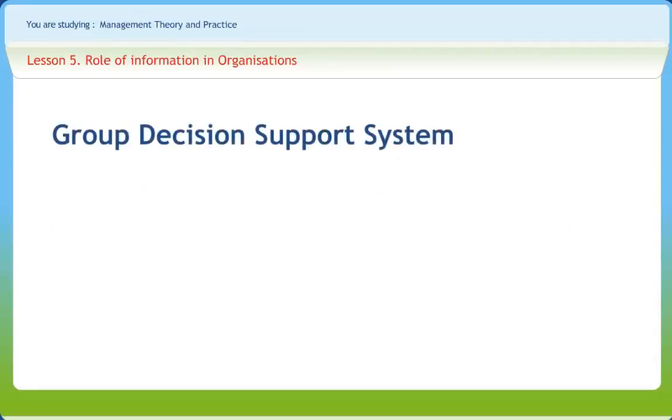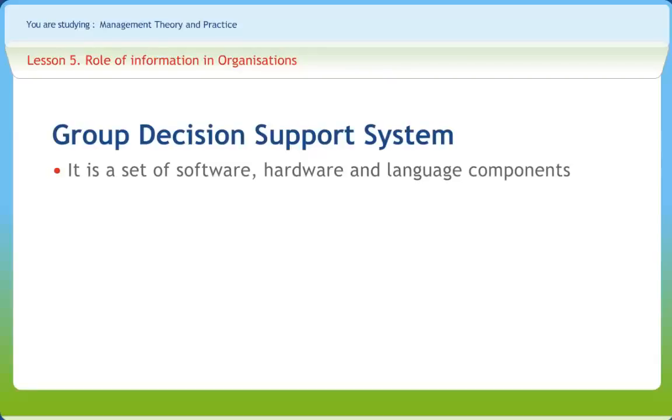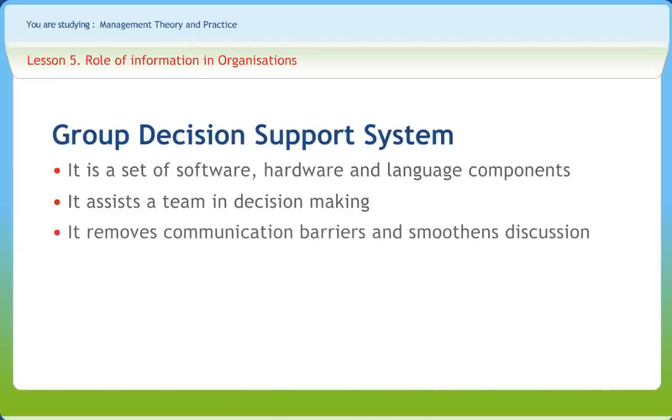A group decision support system is a set of software, hardware, and language components that support a team of people engaged in decision making. It aims to improve the process of team decision making by removing common communication barriers, providing techniques for guiding the decision process, and systematically directing the patterns, timings, or content of the decisions.